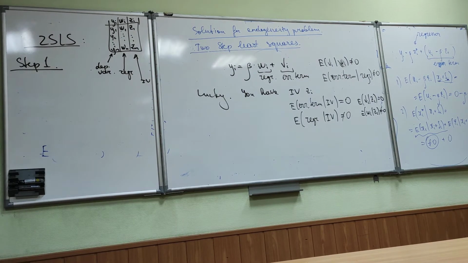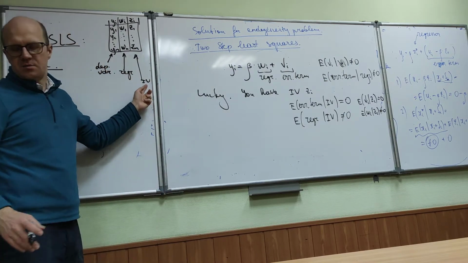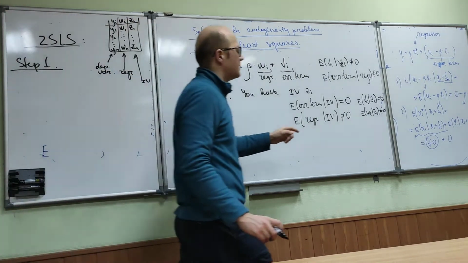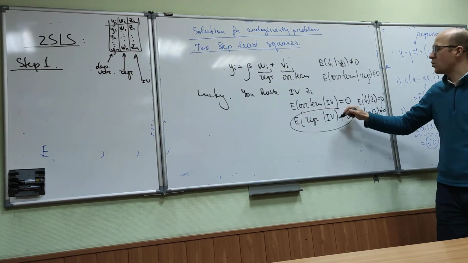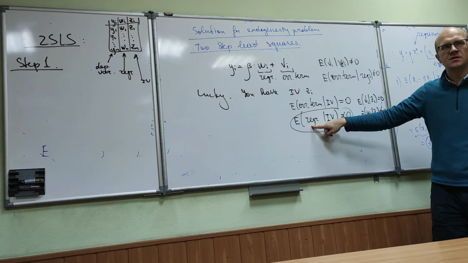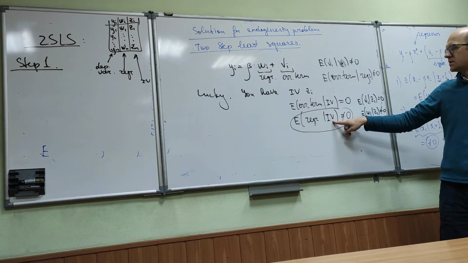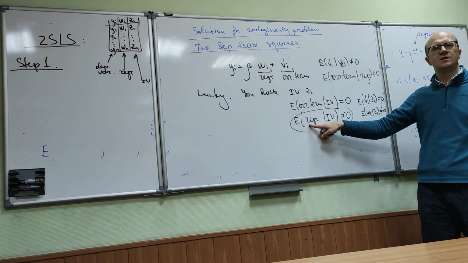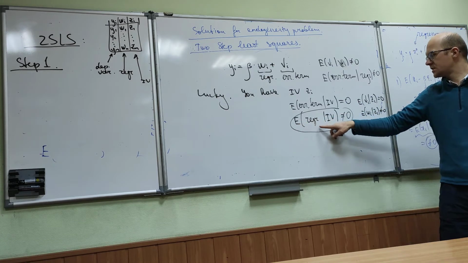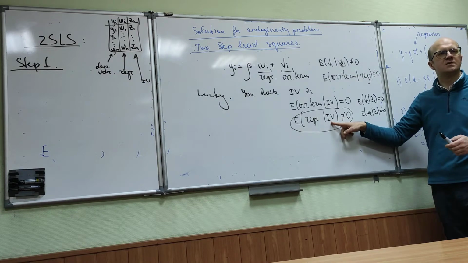Two-step least squares says: first, make the best prediction of the regressor using the instrumental variable. This is possible because of the assumption that the instrumental variable contains useful information about the regressor.